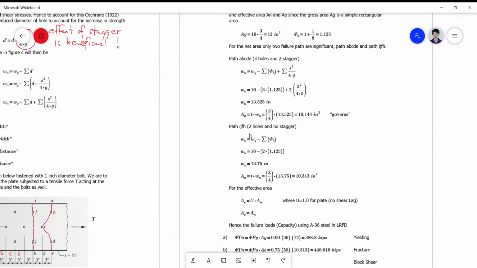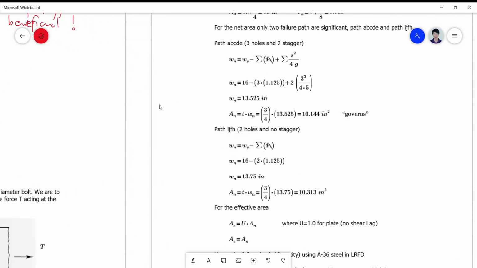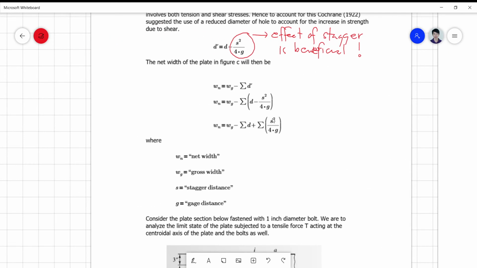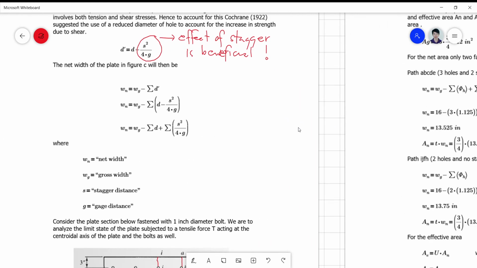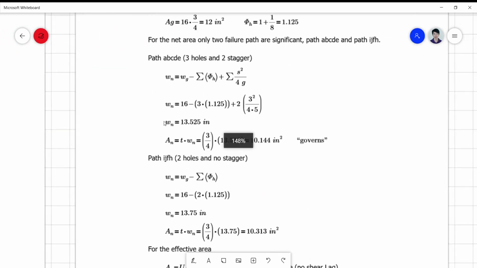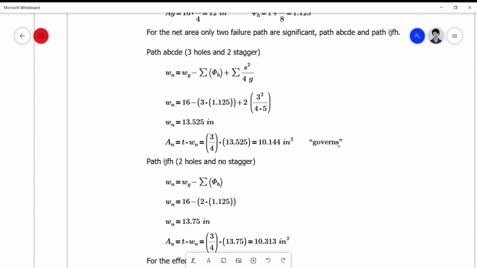For the two paths, we are now going to use the formula we derived a while ago, that your net width is simply equal to the gross width minus the effect of the reduced bolt diameter, so summation of the hole diameters plus summation of s squared over 4g. So we just plug in all the necessary dimensions and given values in the problem.